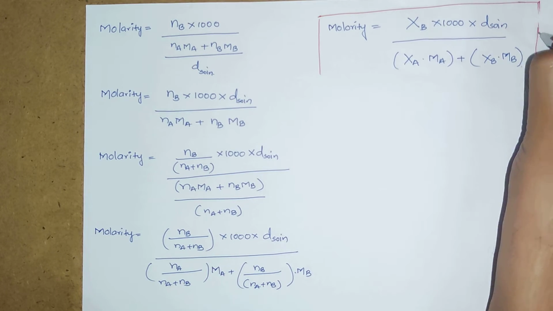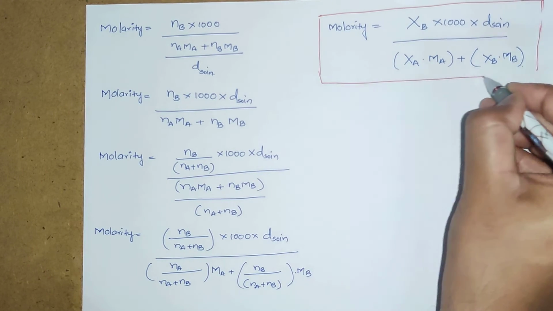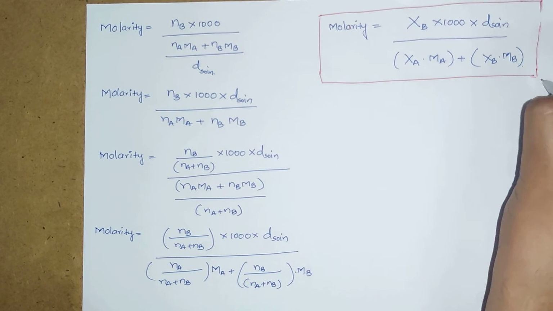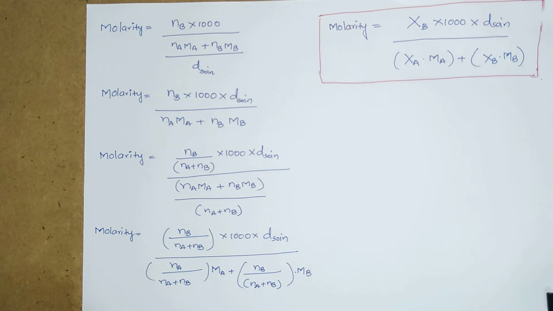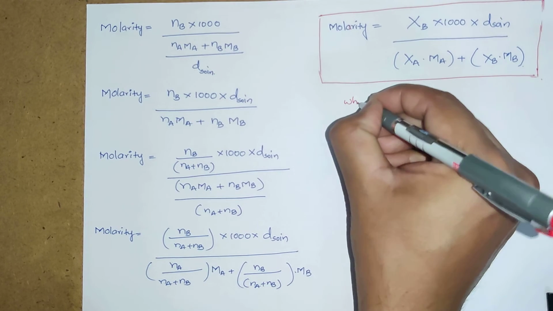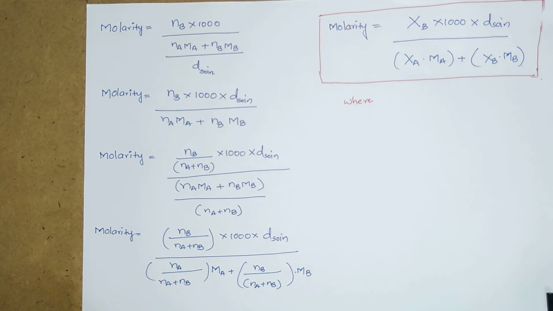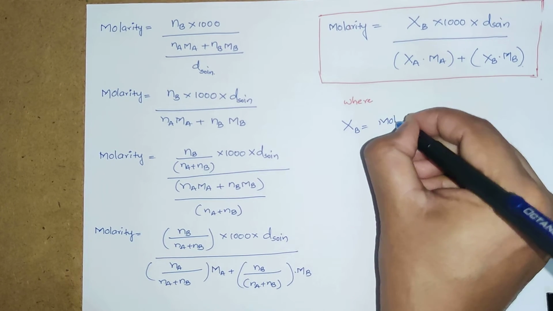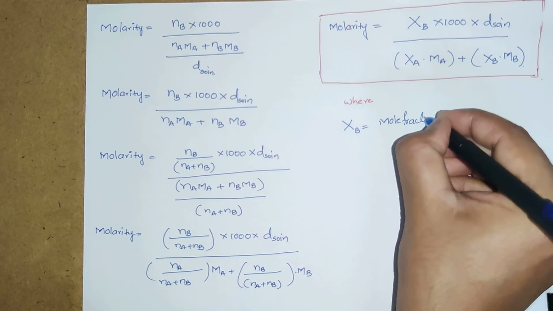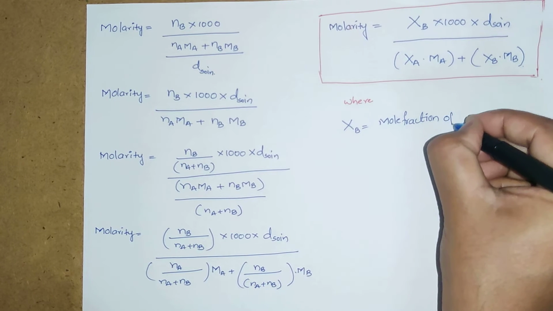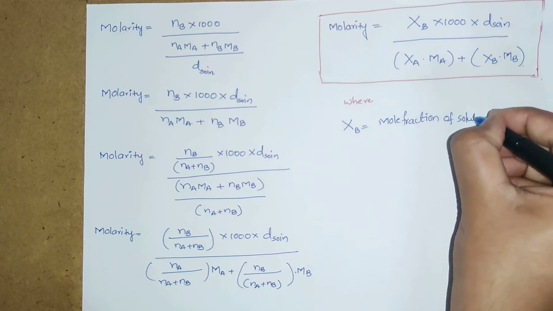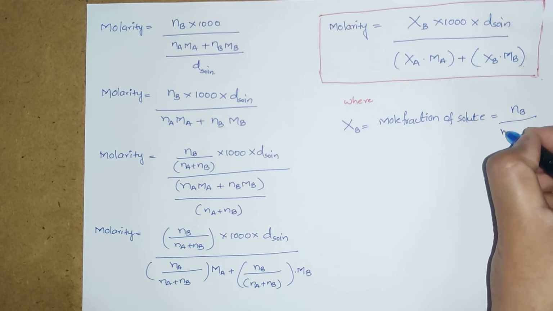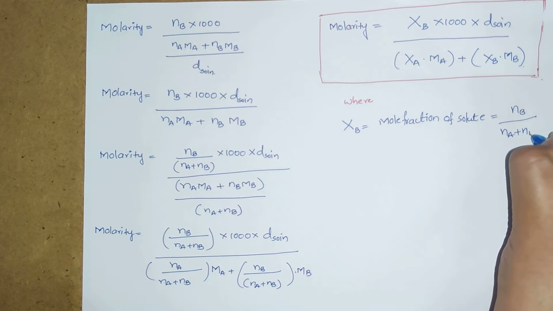By giving the mole fraction of the components, it is possible to determine the molarity. Where XB is equal to mole fraction of solute, that is number of moles of solute divided by total number of moles.